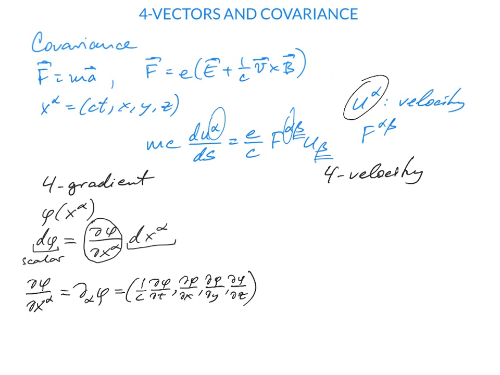It's frame dependent. I cannot use it in a covariant notation. What I can do is take the x alpha vector and differentiate it with respect to ds, where ds is the element of the interval along the world line, and it's proportional to the proper time d tau, as we know.